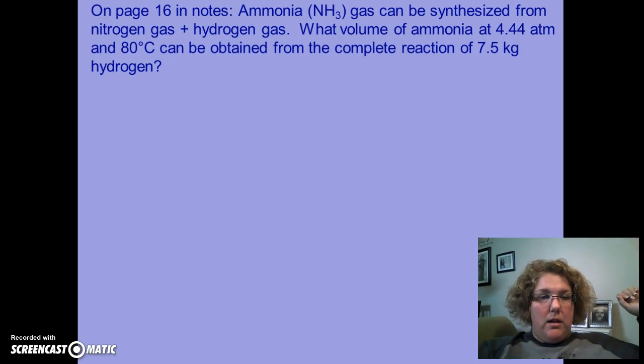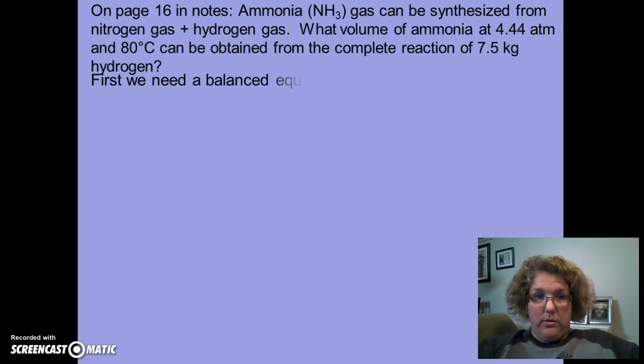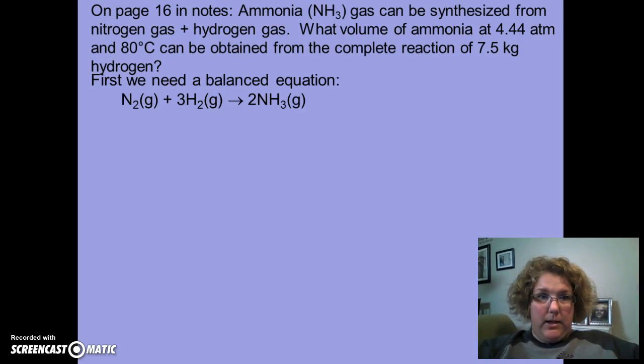All right, ammonia, NH3 gas, can be synthesized from nitrogen gas and hydrogen gas. What volume of ammonia at 4.44 atm and 80 degrees Celsius can be obtained from the complete reaction of 7.5 kilograms of hydrogen? A lot going on here. As always, your first step is to set up a balanced equation. We got to have that.